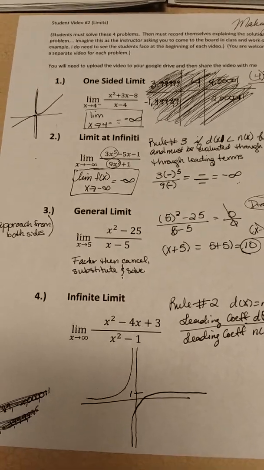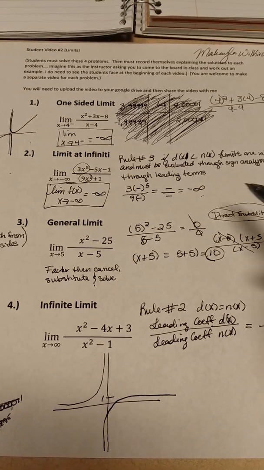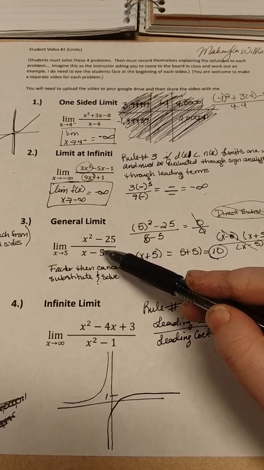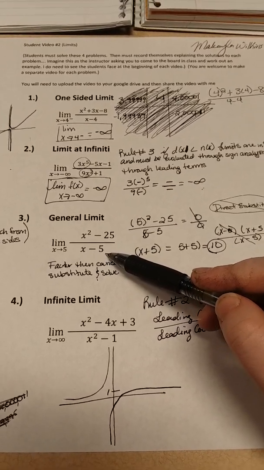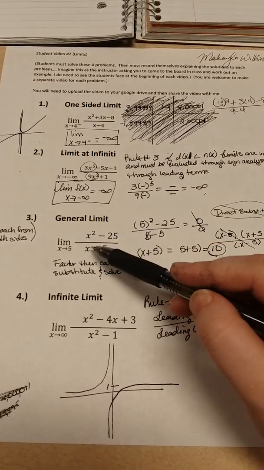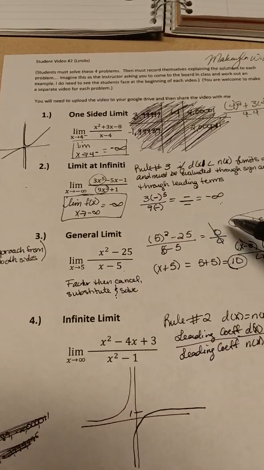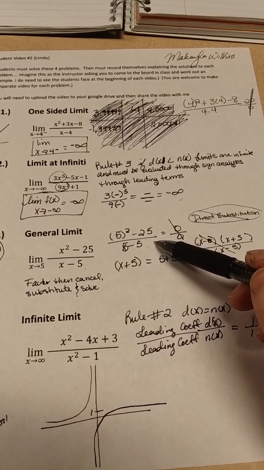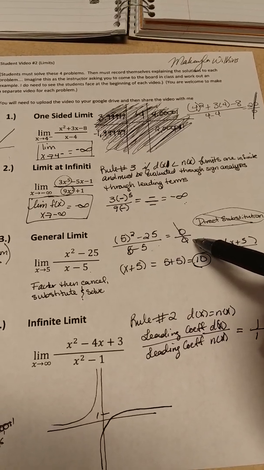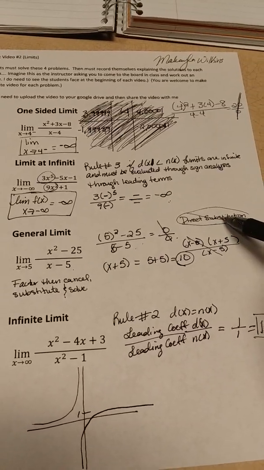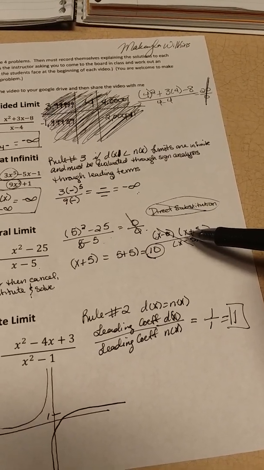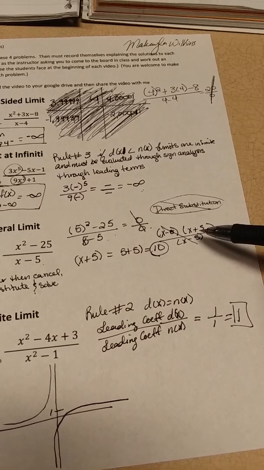And then the third one, x squared minus 25 all over x minus 5 as x approaches 5. At first I tried to substitute 5 in for x, but I got 0 over 0, so I couldn't do direct substitution. Then I remembered I have to factor the top.